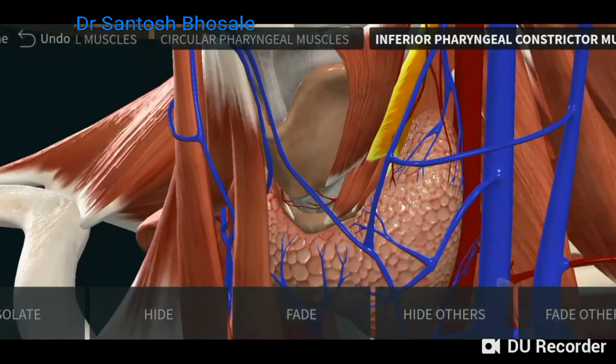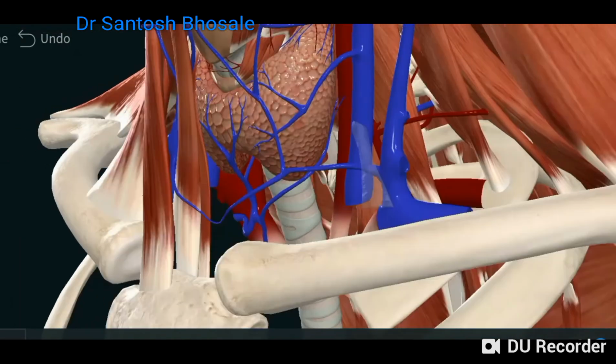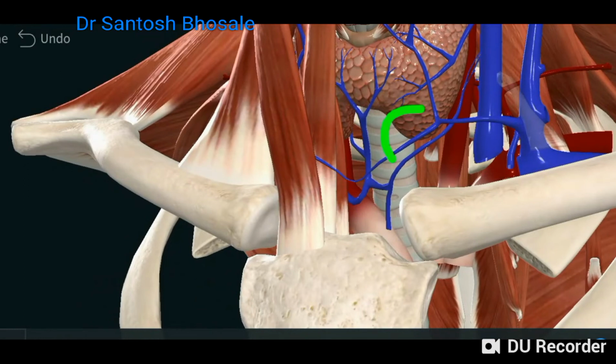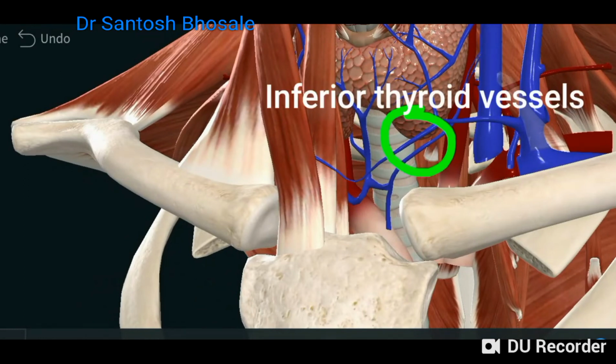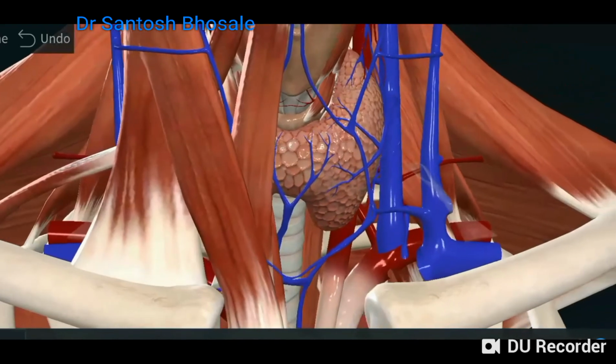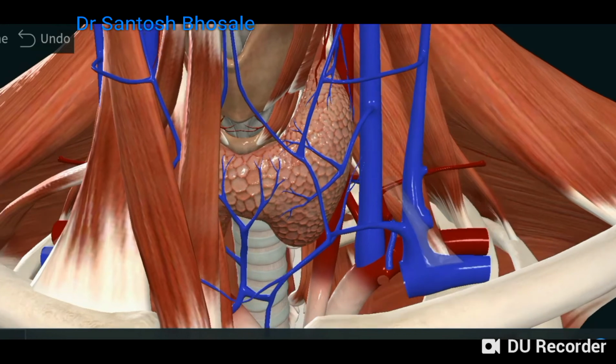Sternothyroid and inferior constrictor are there wedging the apex of the lateral lobe, which is related to the superior thyroid vessels, and the base is related to the inferior thyroid vessels. Remember, the apex is between those strap muscles: sternohyoid, then sternothyroid and the inferior constrictor muscle. So these are the four muscles from the relations of the lateral surface.